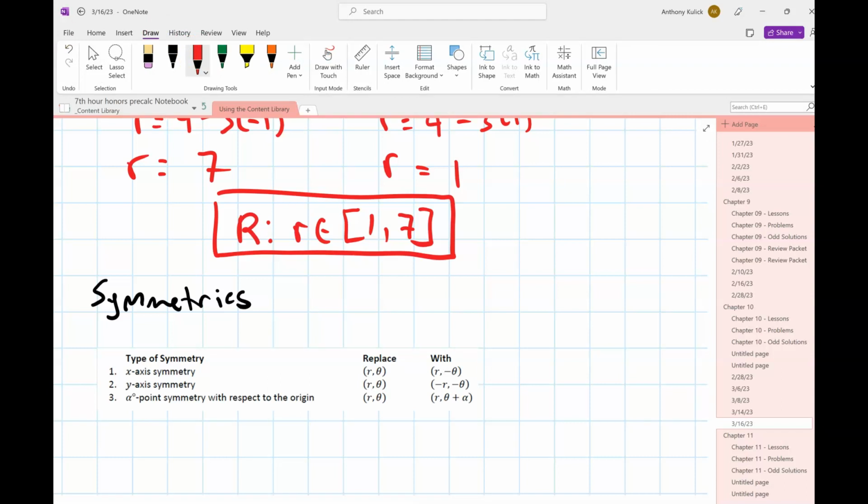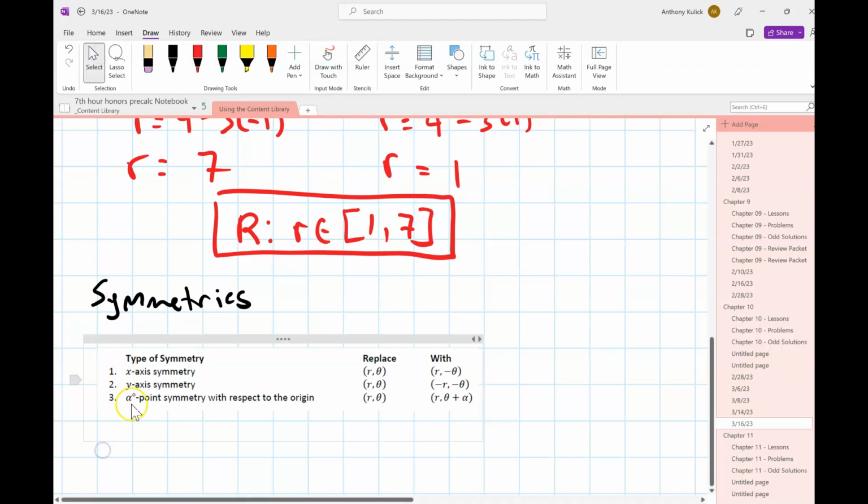So to prove that something has x-axis symmetry, we're just going to take our r and theta in the equation and replace it with r and negative theta, and see if we can then simplify our equation down so that it's the same thing as what we started with. And the same thing then for y-axis symmetry or alpha point symmetry.